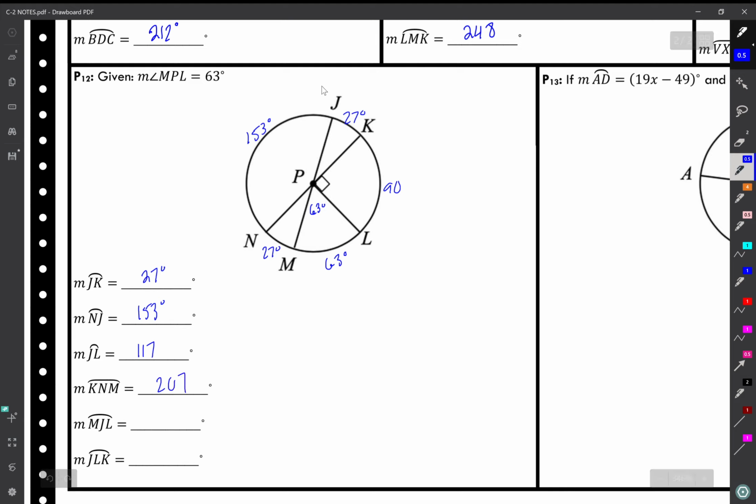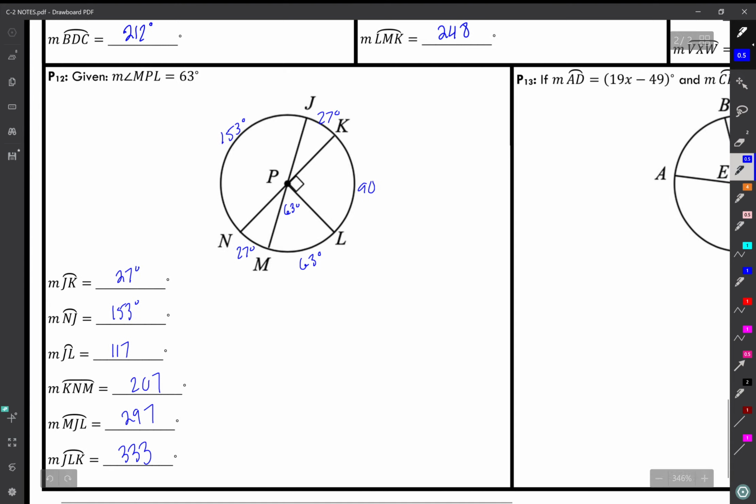MJL, everything but that 63 degrees. So you subtract the 63 degrees, you get 297. And then the JLK, we go all the way to L, all the way to K. So all we're going to do is 360 minus the 27. That gives me 333 degrees. And we're finished with that one.